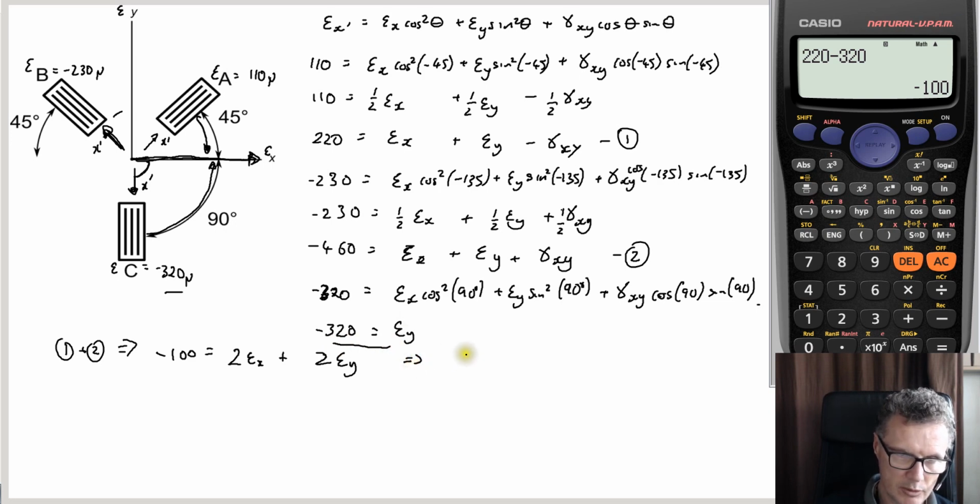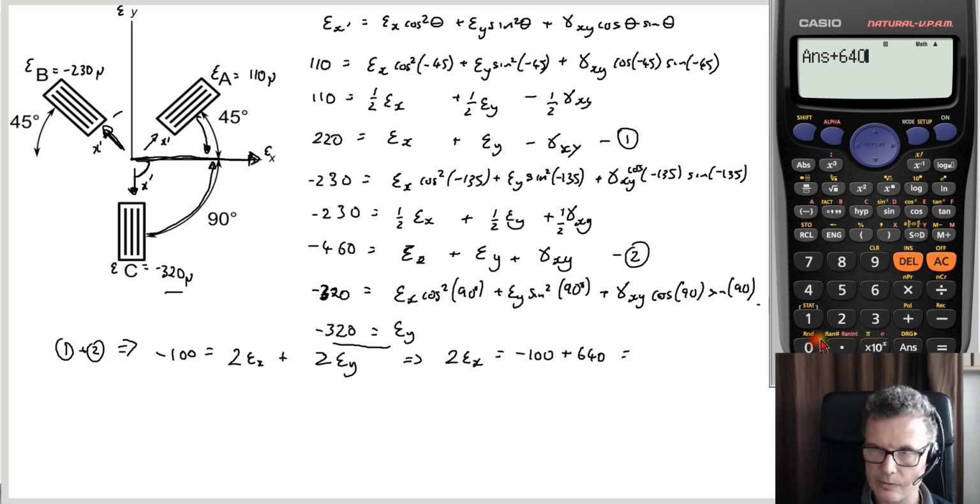So that's going to give me 2 epsilon x, because minus 100, minus when it goes on the other side, so it goes plus 640. So the 320 doubled. Now we want to divide that by 2.